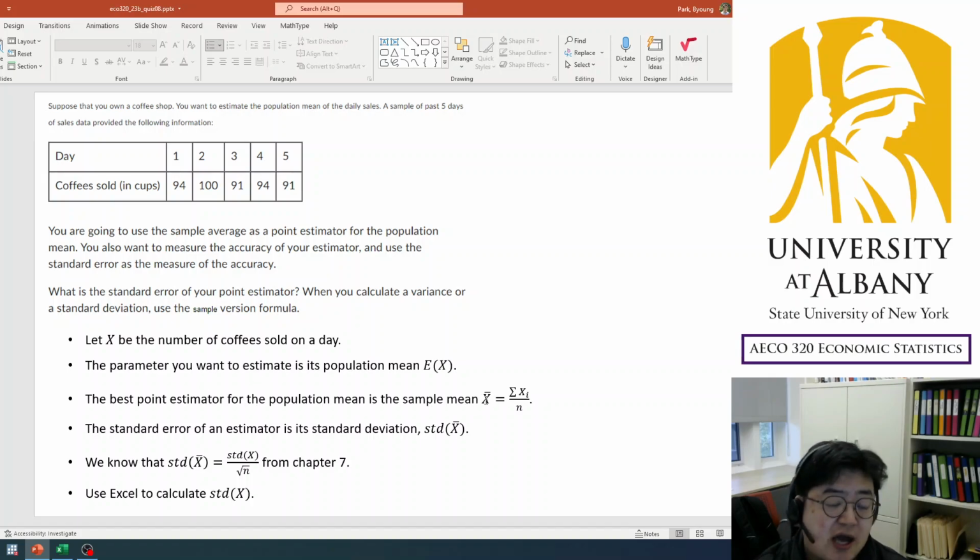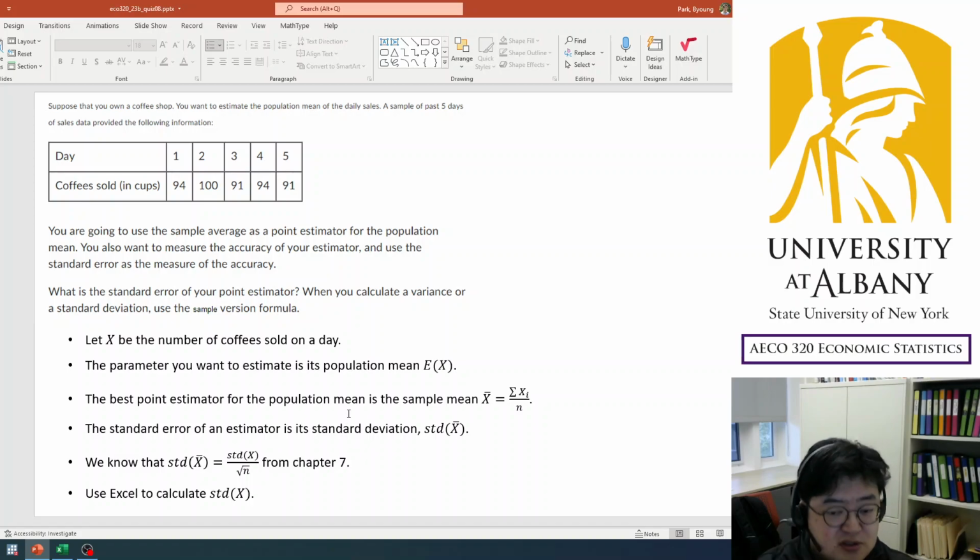You know how to calculate that. Because you have 5 observations, you can calculate the average this way: sum the 5 numbers and divide by 5. That is the sample mean, which will be the best point estimator. But what we want is the standard error. The standard error of an estimator is its standard deviation.